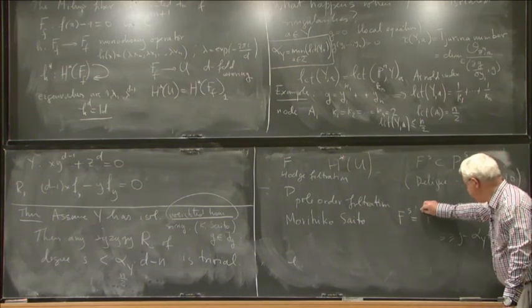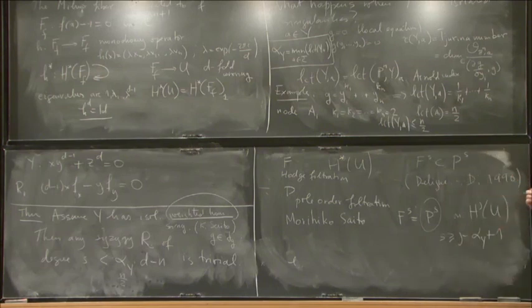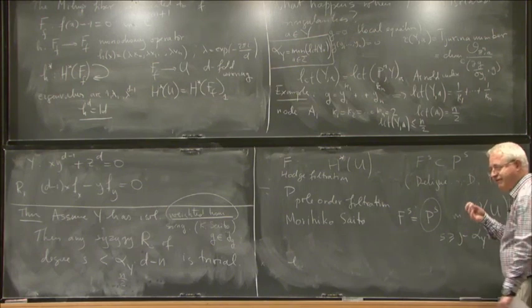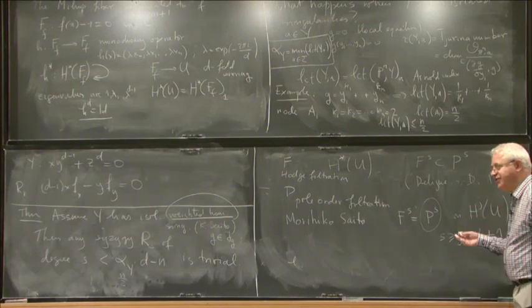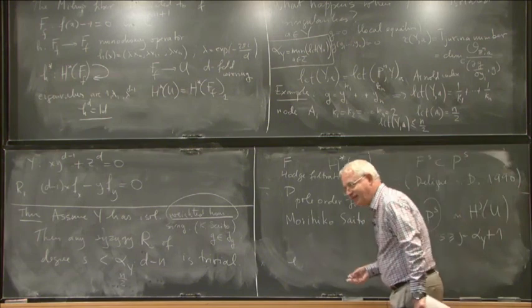And now the pole order filtration comes from a filtration on a complex of rational differential forms. Such a filtration has an associated spectral sequence.